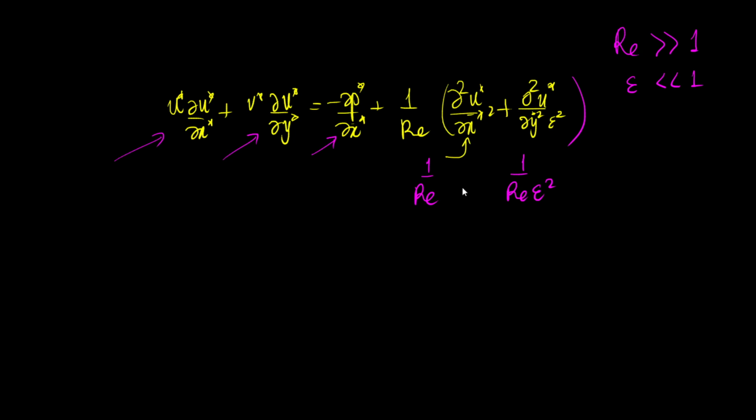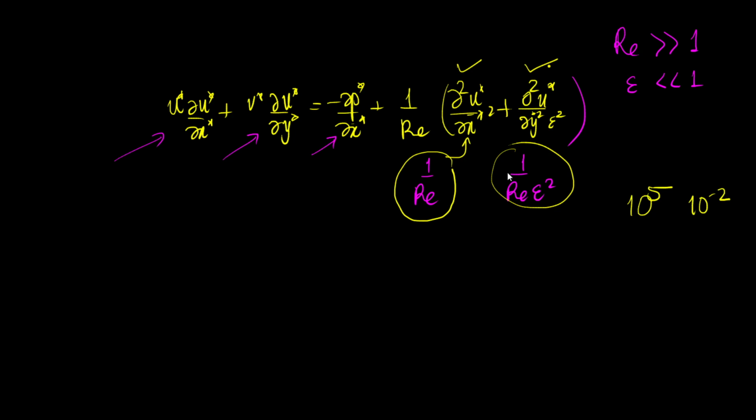If we compare the order of magnitude of this and the order of magnitude of this, the order of magnitude of this term is larger than that of this, because here we are multiplying Re with epsilon square. So if Re is 10 to the power 5 and epsilon is 10 to the power minus 2, this term becomes 1 upon 10 and this term becomes 1 upon 10 to the power 5. So obviously this term dominates over this term.